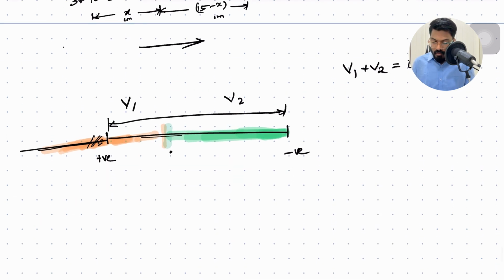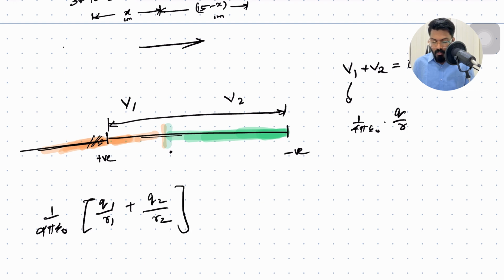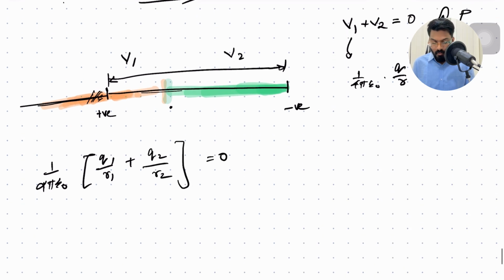V is nothing but 1 by 4 pi epsilon naught into Q by R. So 1 by 4 pi epsilon naught into Q1 by R1 plus Q2 by R2 equals 0. 1 by 4 pi epsilon naught is 9 into 10 to the power 9.